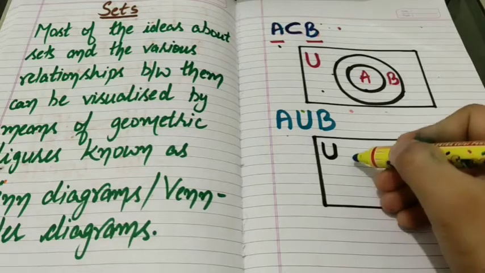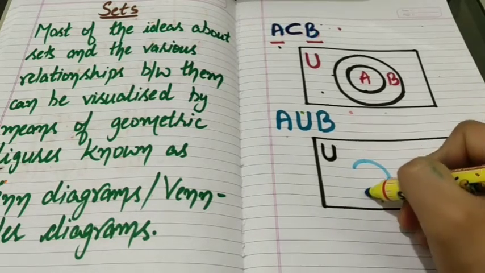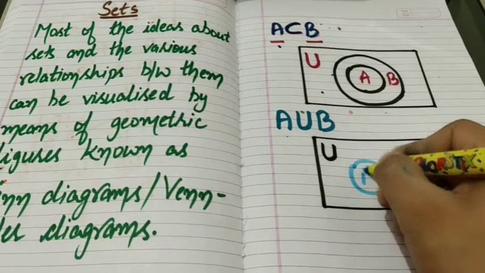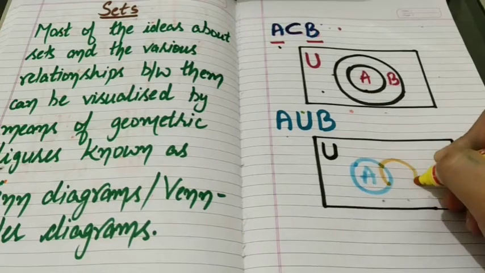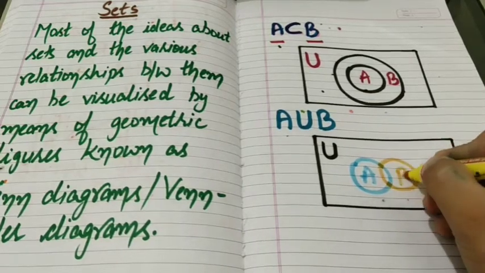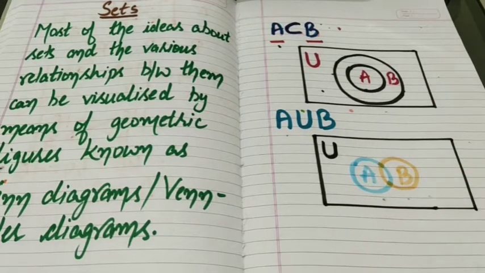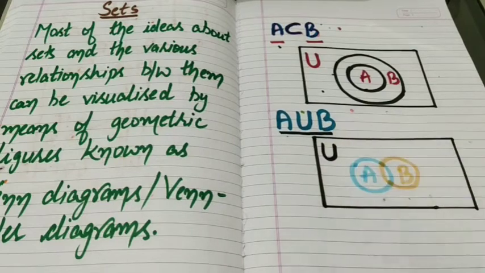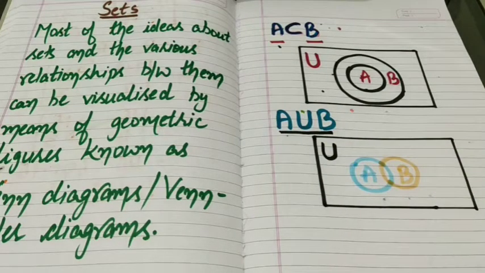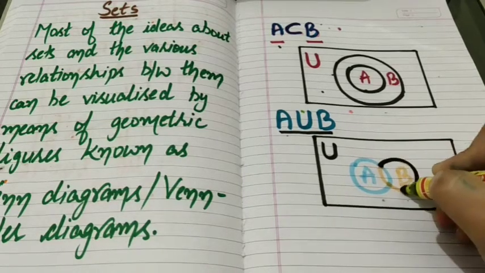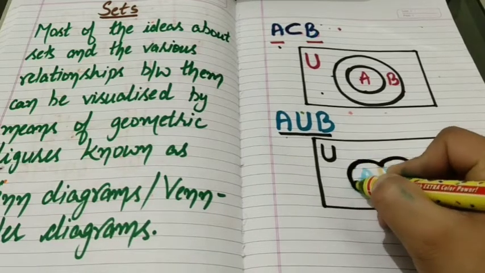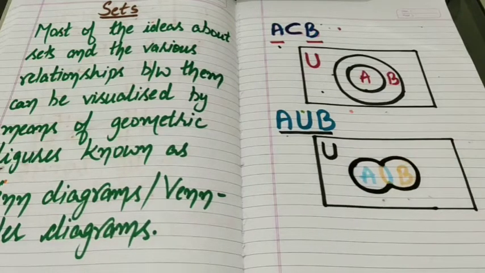So this closed curve represents set A and this closed curve represents set B. Since A union B includes all the elements of set A and all the elements of set B, means A union B is a superset of set A as well as of set B. So set A union B will be represented by this black outer curve.